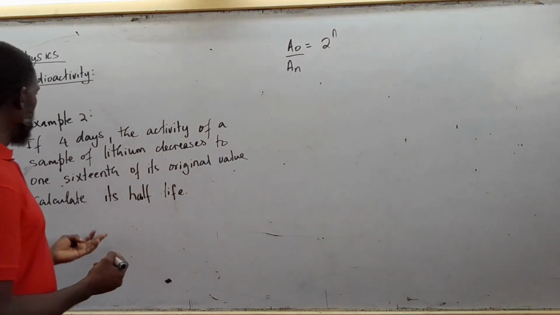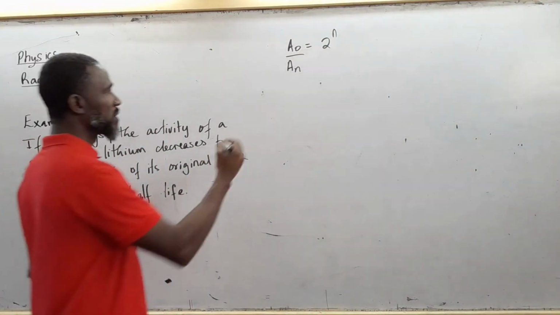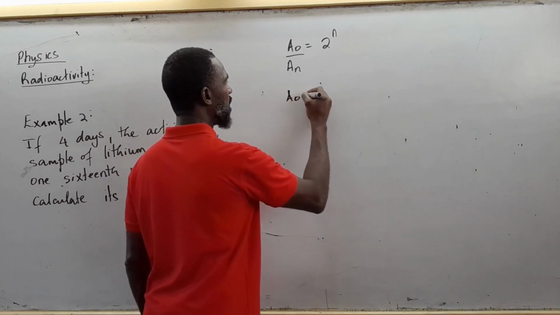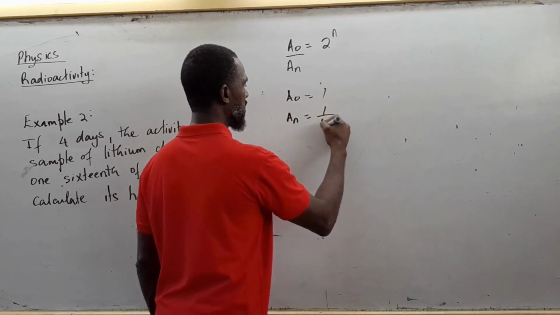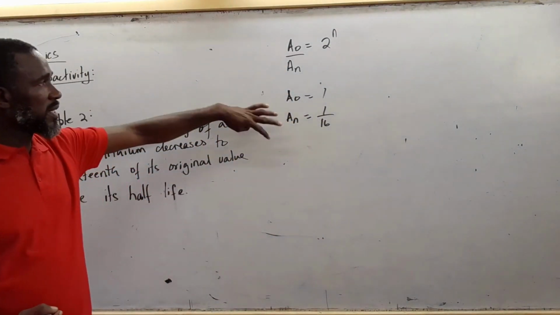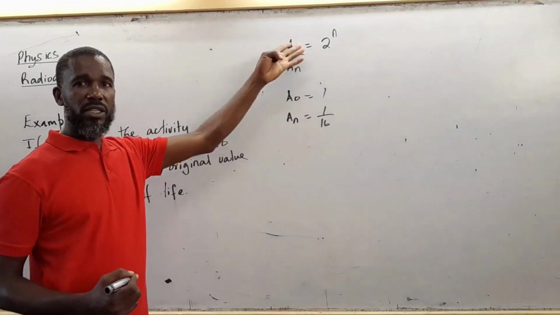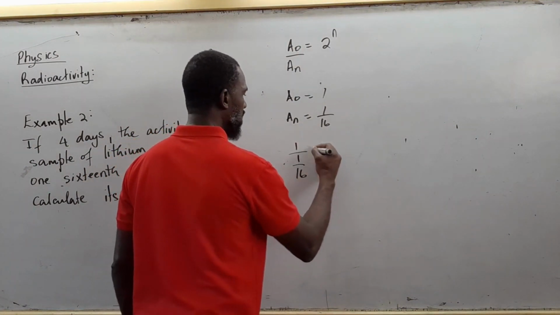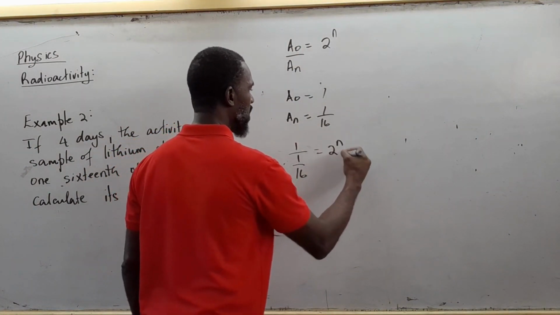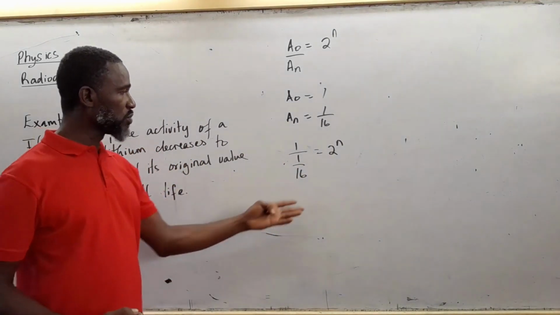Alright? So looking at the question, we're just going to take A0 to be 1, and therefore An is going to be 1/16. So if we simply substitute the values into this formula, then we have 1 divided by 1/16 is equal to 2 raised to the power n.